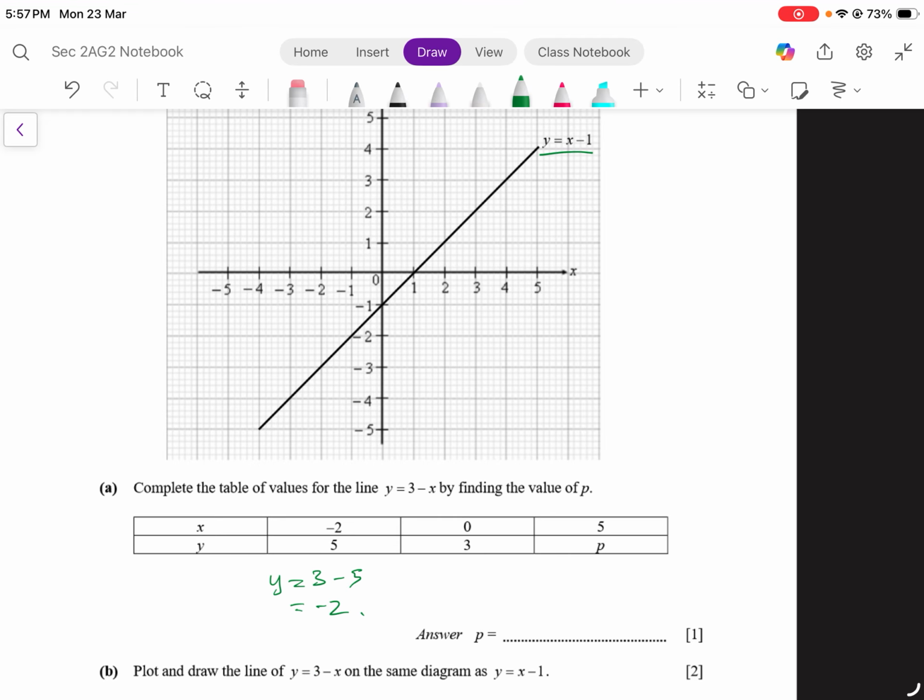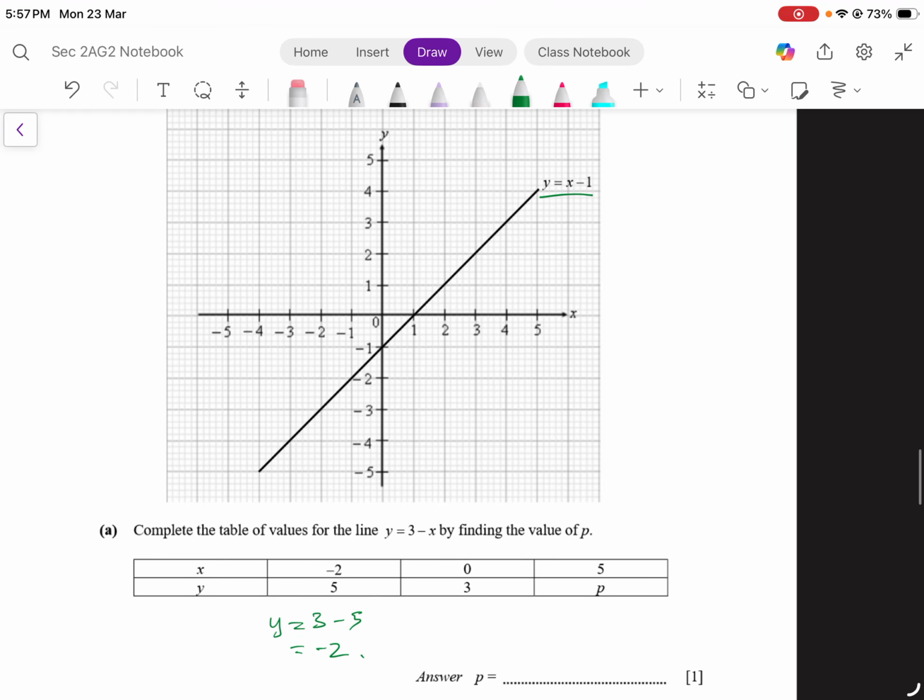So x equals minus 2, y is 5. x equals 0, y is 3. And the last one, x is 5, y is minus 2.